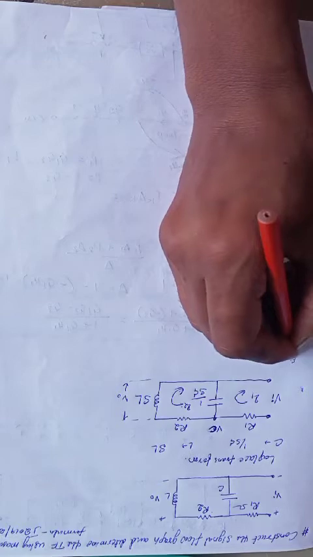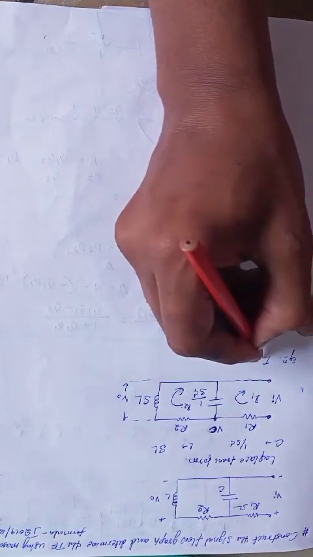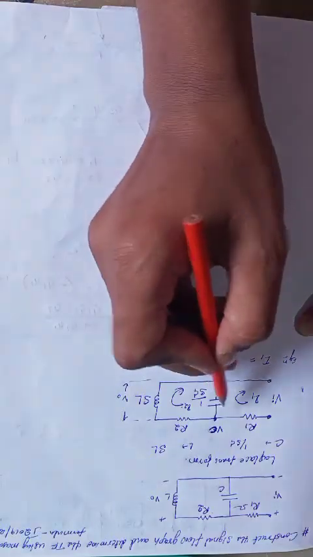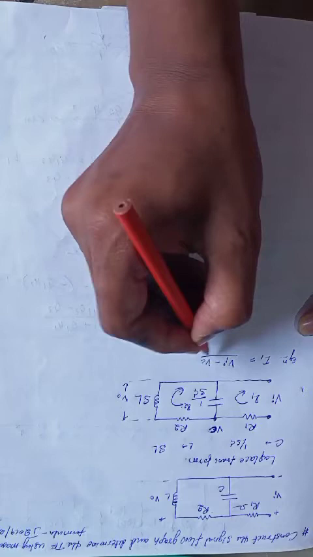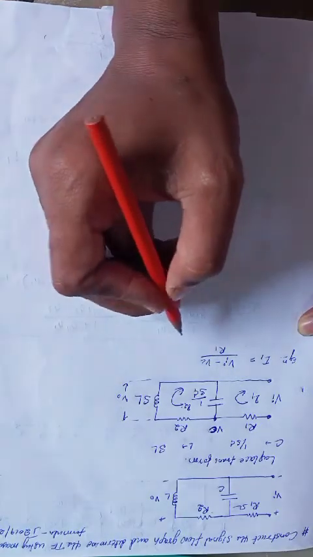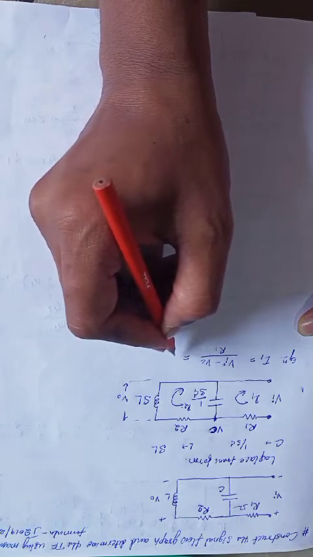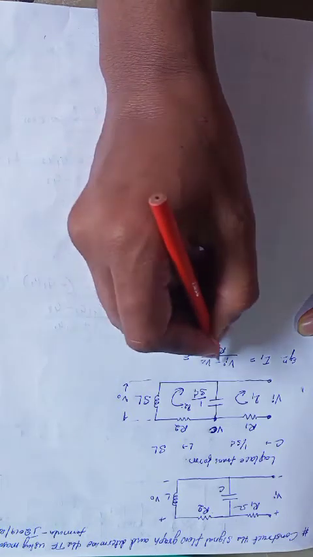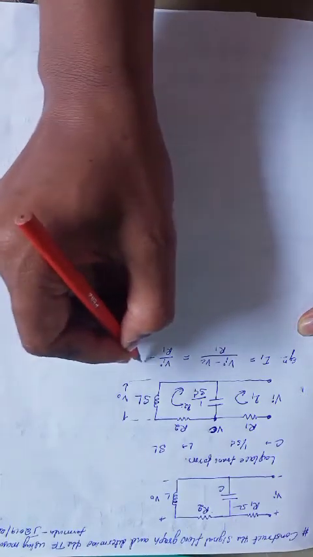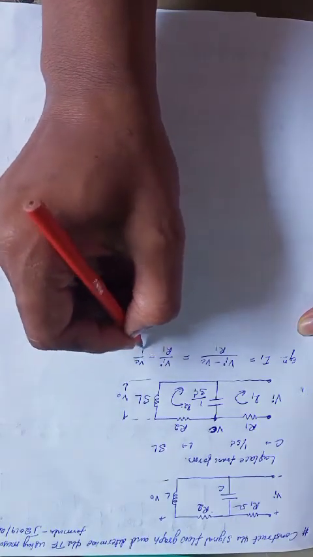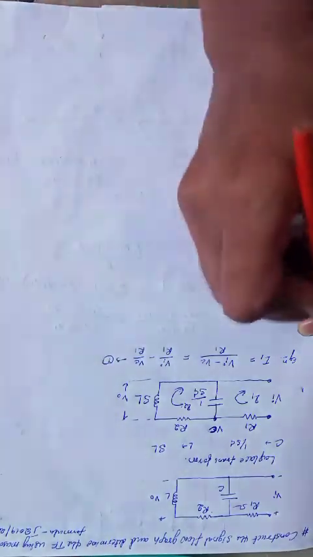Then equation 1: to find current I1, it is the difference Vi minus Vc upon R1. Rewrite this, which is helpful while drawing the signal flow graph. That is nothing but Vi by R1 minus Vc by R1. This is our equation number 1.